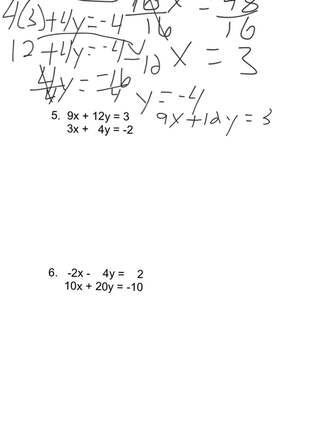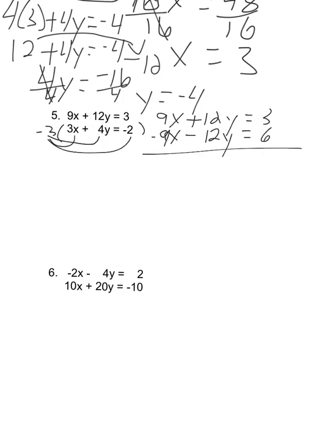The bottom I would multiply by a negative 3 because I need a negative 9. So negative 3 times 3x is negative 9x. Negative 3 times 4 is negative 12y. Negative 3 times negative 2 is a positive 6.